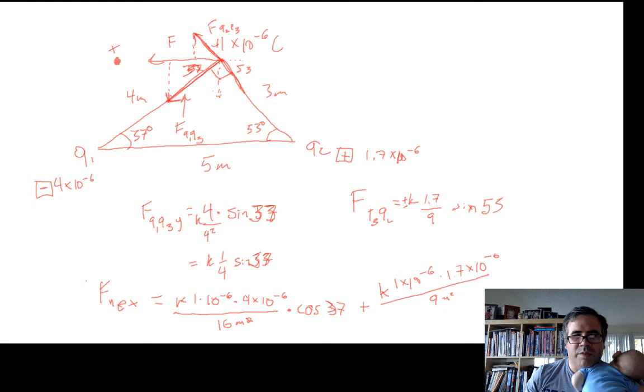These are clean ones. Whatever. Times the cosine of, in that case, 53. So that was a lot. That was a whole lot. How are we feeling about that?